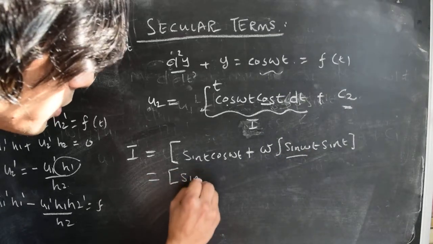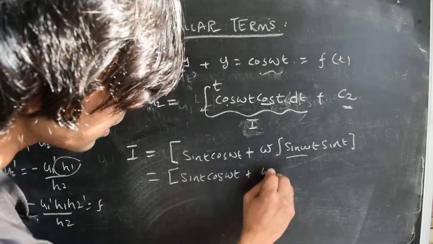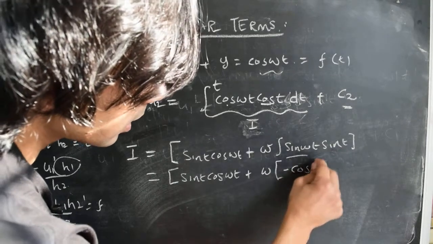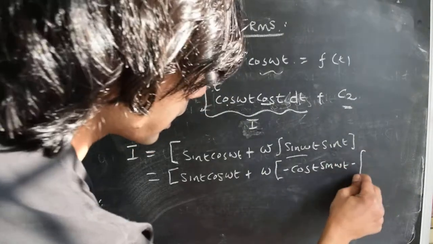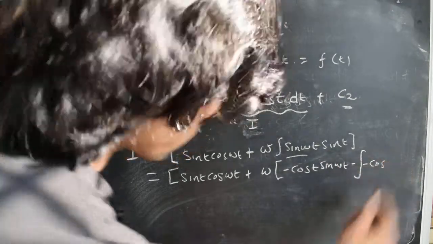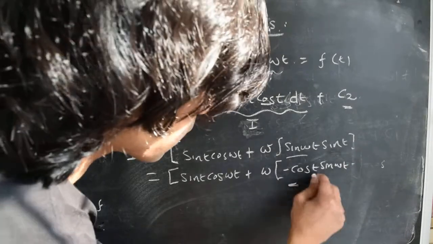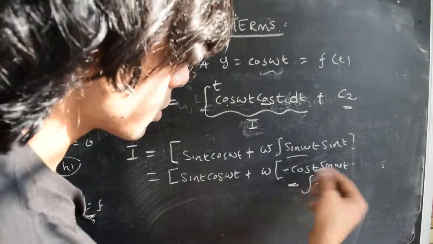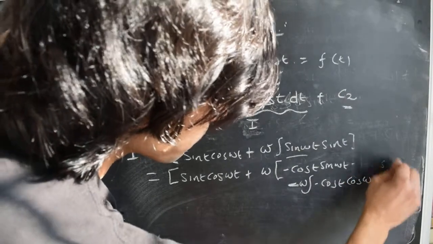So we have sine t cosine omega t, then plus omega, and now the integral of cosine is sine, so we'll have a minus cosine t sine omega t, minus the integral of, sine is minus cosine t. The derivative of sine is cosine with the omega, so that is cosine omega t dt.